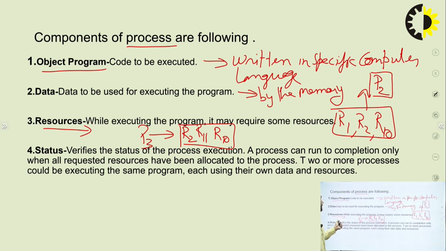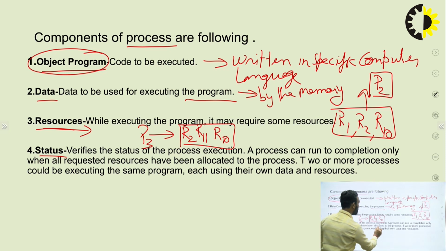So the different parameters required to execute a program are: the object program, which is code written in a specific language; different data to be used for execution of the program; and different resources. It also represents the status of a process, to verify the state of the process execution.